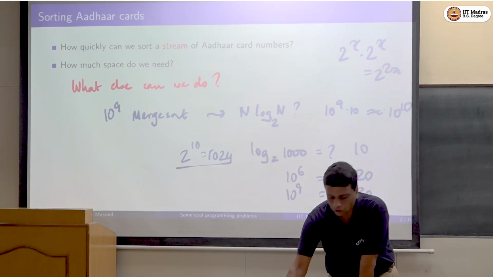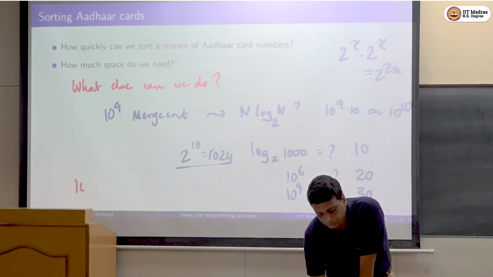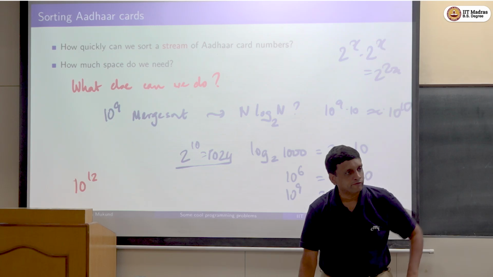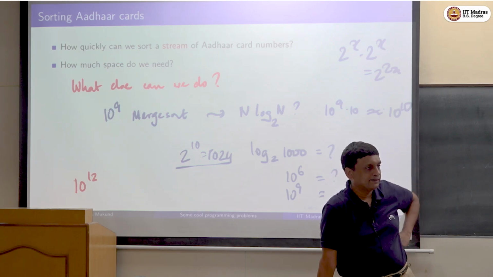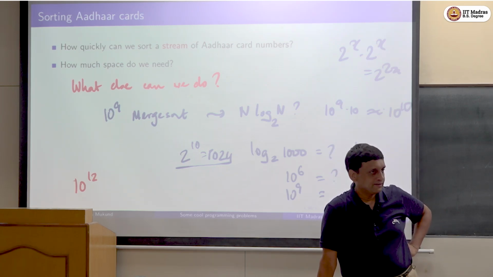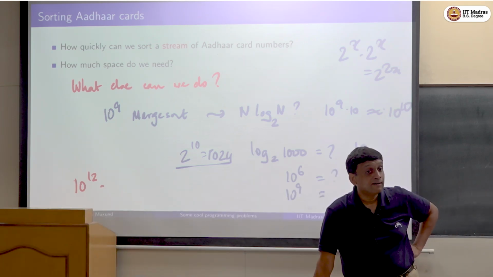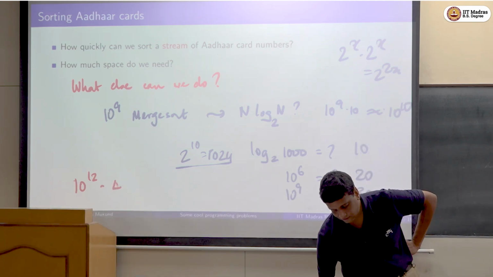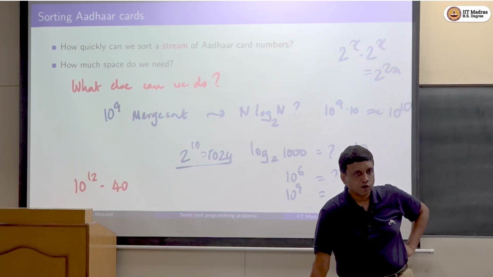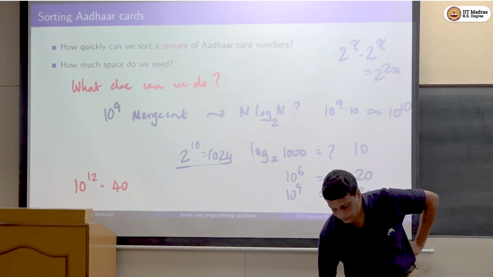Right, but now my problem is that it could be much larger. Like we said, it could be of the order of 10 to the 12 if every possible Aadhaar card number has actually been used. Right, and then it will be times 40, right, which would be 10 to the 13, right?